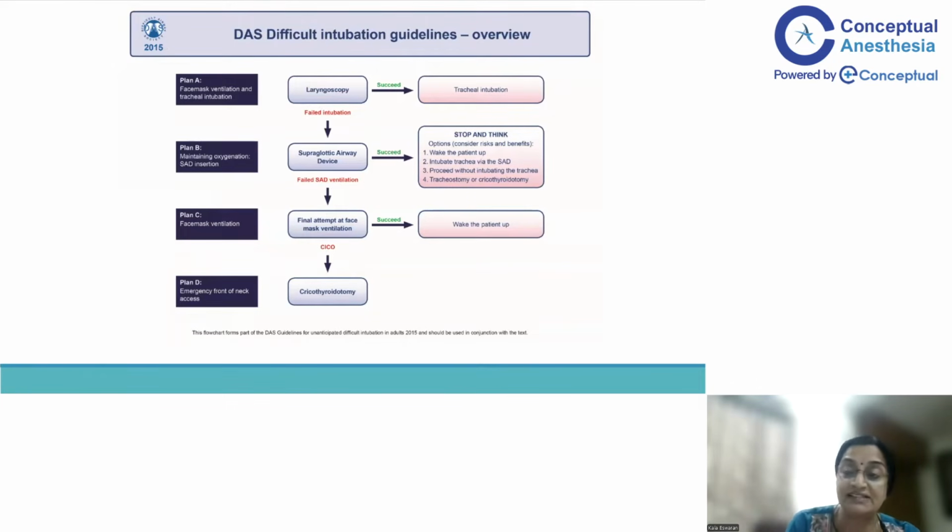And even in anticipated difficult airway, you have front of neck, you have fiber optic scope. For awake fiber optic scope is the gold standard for anticipated difficult airway. But anytime in this process, it can go from anticipated to unanticipated. So front of neck access is very important to take the decision when everything is good.